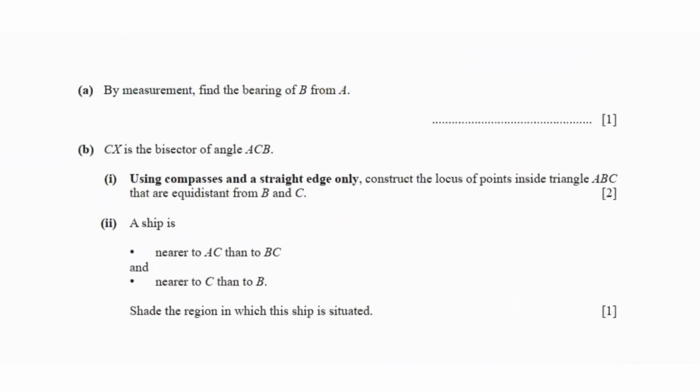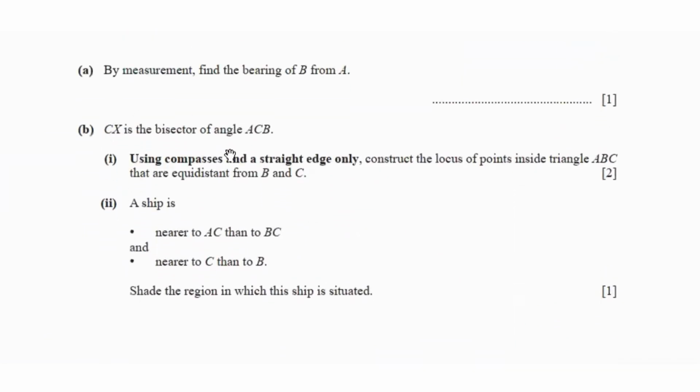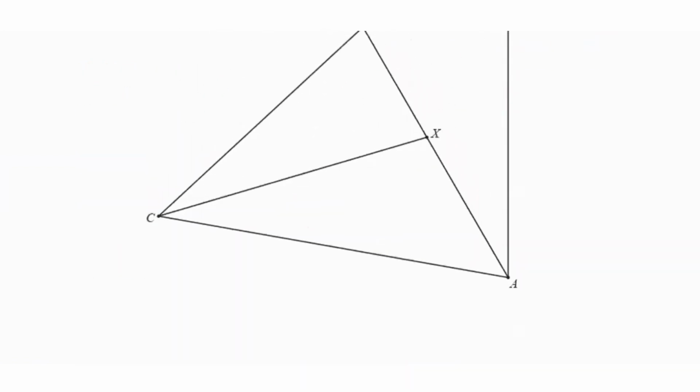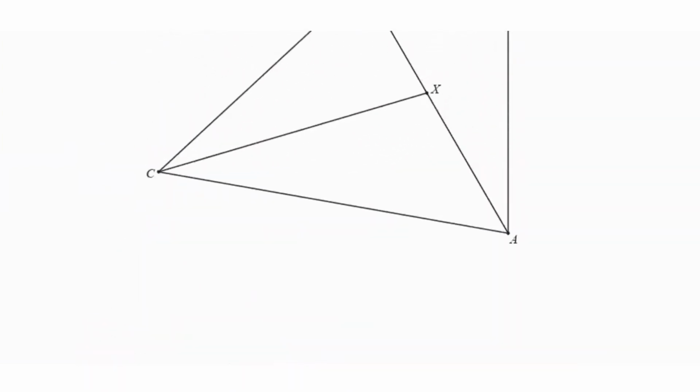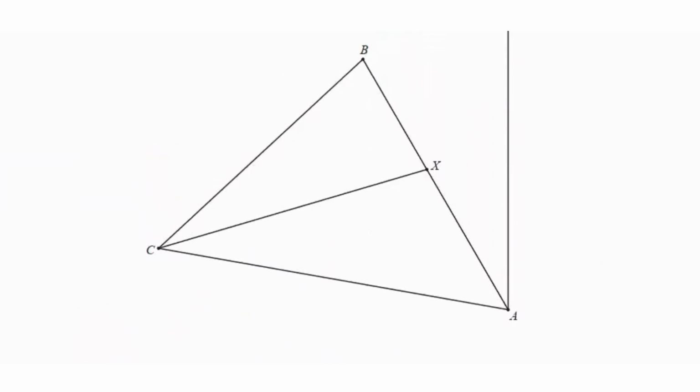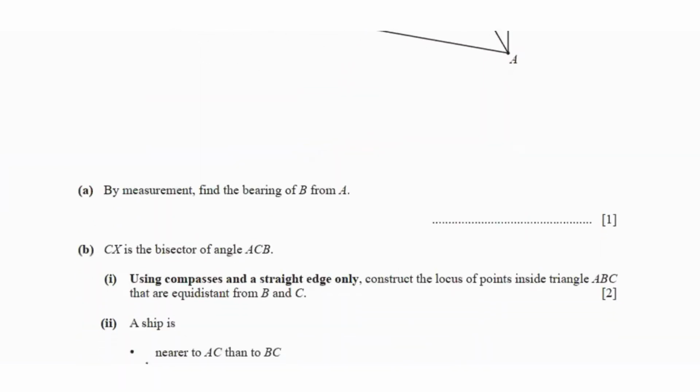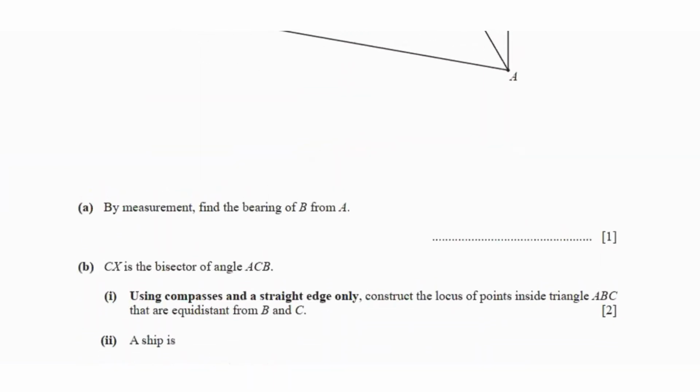Then it says CX is the bisector of angle ACB. Use compasses and a straight edge only. Construct the locus of points inside the triangle ABC that are equidistant from B and C. So CX is the angle bisector of ACB, okay?